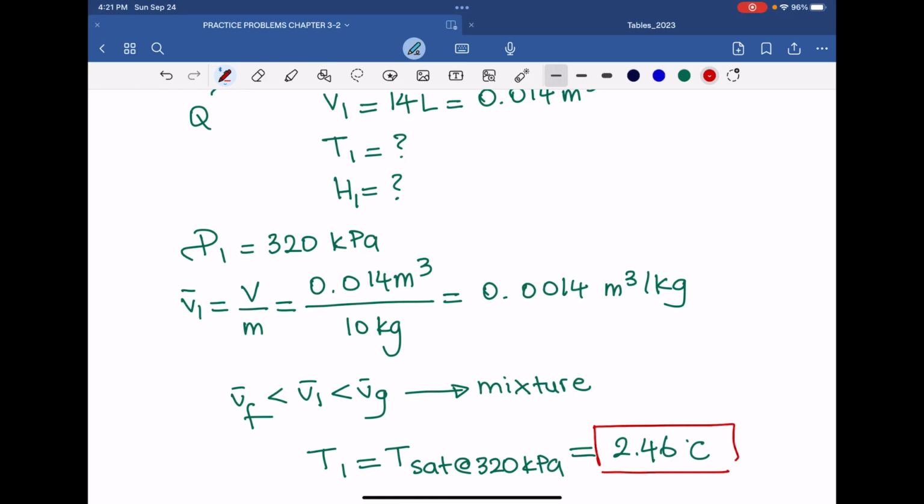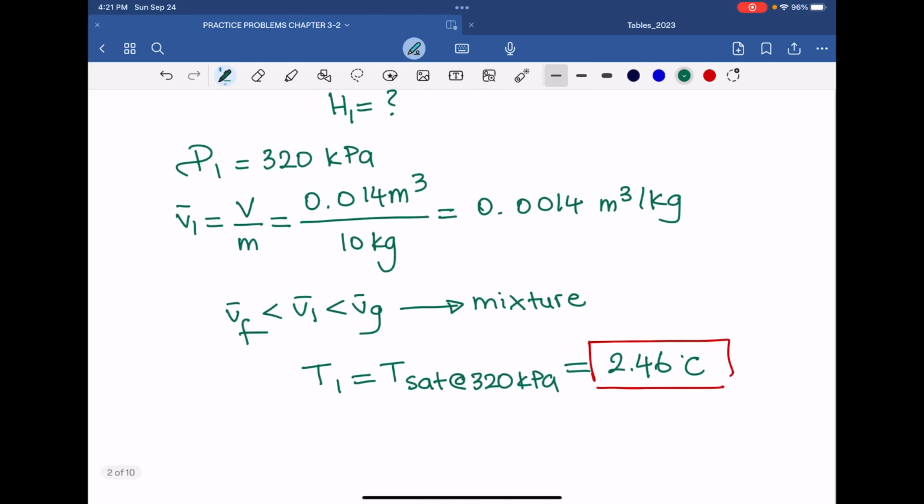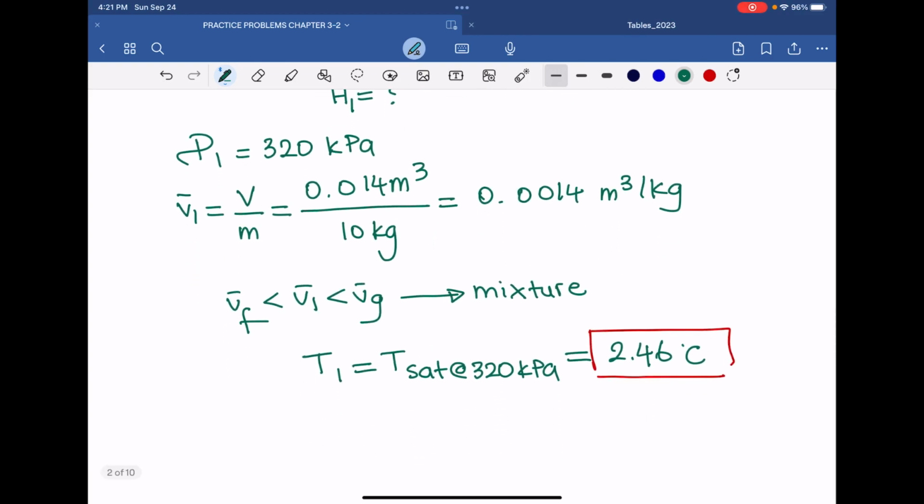The next thing they ask is the total enthalpy. To be able to find that, all we have to do is read the enthalpy at that state. But the enthalpy cannot be read directly from the table, because we have a mixture and I need to calculate it, and I can only do it with a quality.